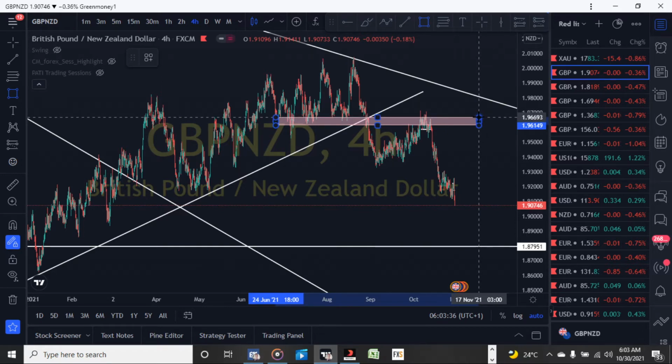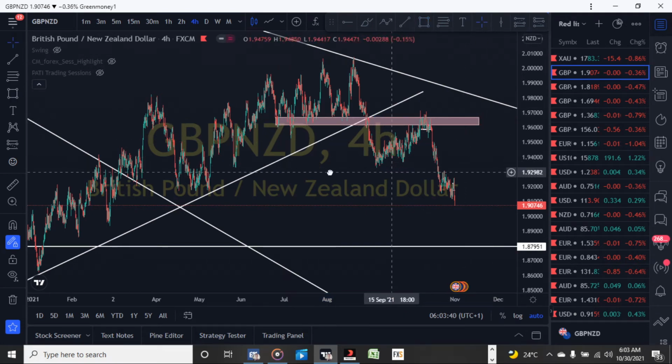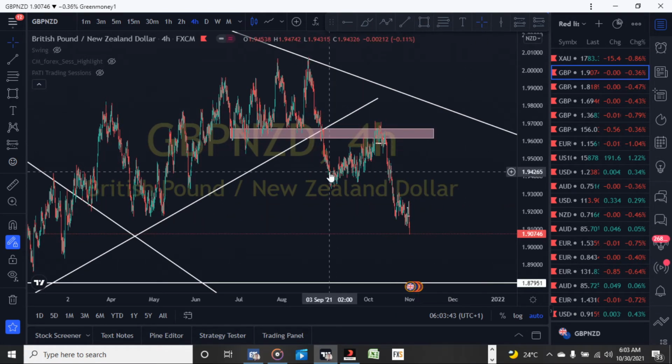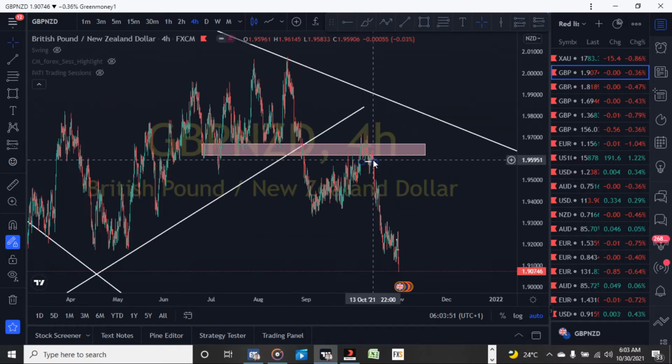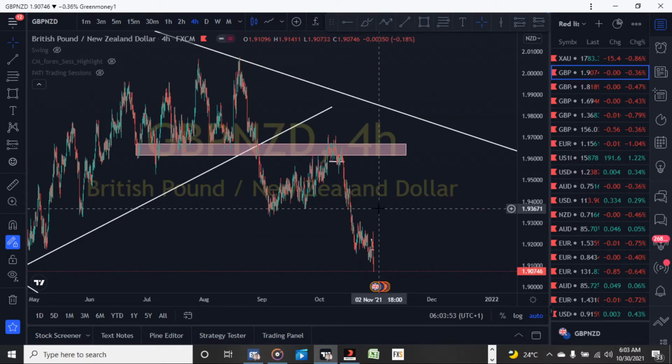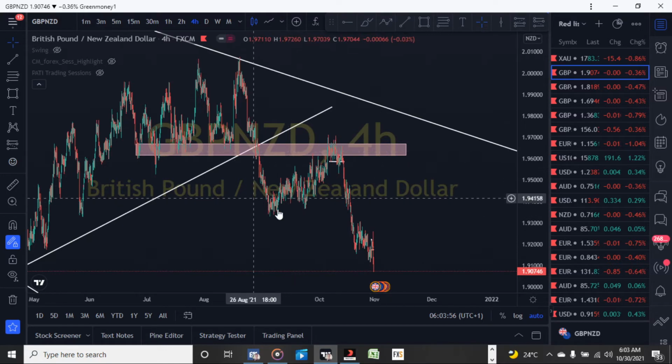This is on the H4 time frame. Came back to retest this level. So as a day trader, what you should be looking at within this time is a break of structure and a retest, because the price is retesting here. This is an exhaustion phase, this is an impulse wave, an exhaustion phase.